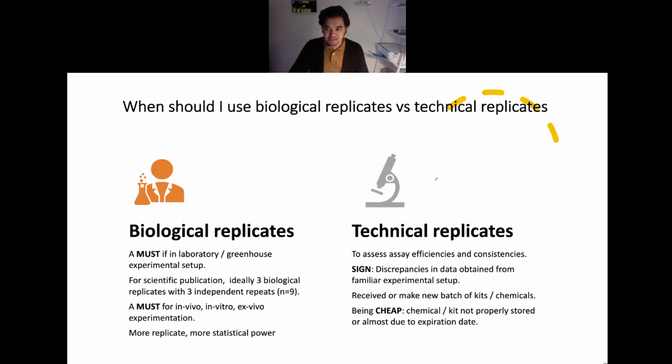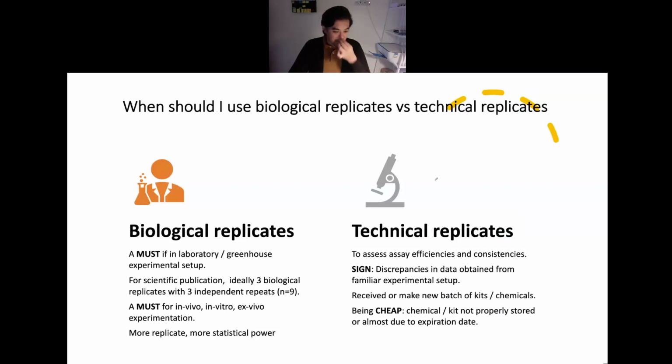So 3 times 3 indicates that you have an n of 9, which is 9 replicates. You repeat a first time, a second time, and a third time, so in total you have 9 replicates. It is a must for in vivo, and a must for in vitro and ex vivo experimentation.